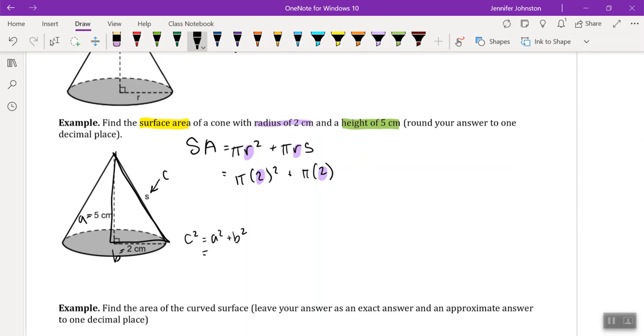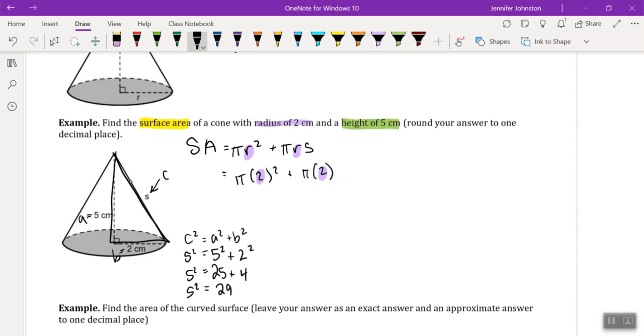And a here we're going to say is 5, and b is 2, and our c, well, let's just name it as s squared. All right, so let's put these together. Again, this is not 5 times 2. This is 5 times 5 plus 2 times 2. So we get 25 plus 4, which gives us 29.